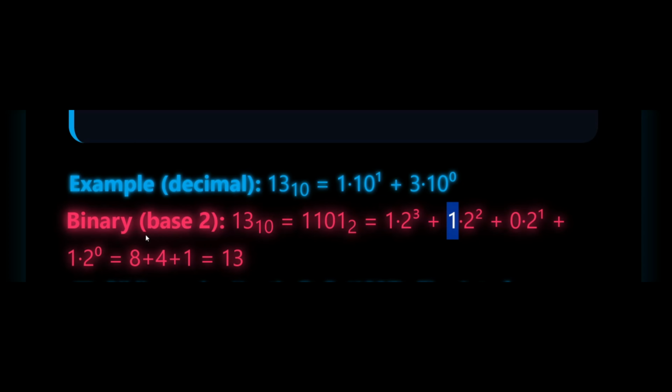We multiply all this and add them together, so we get 2 cubed, which is 8, then 4, then 1, and the 0 contributes nothing, so we get 13 back. That's how we convert binary back into decimal.